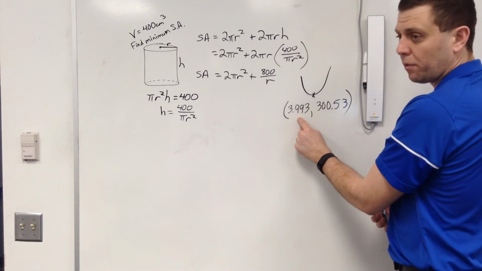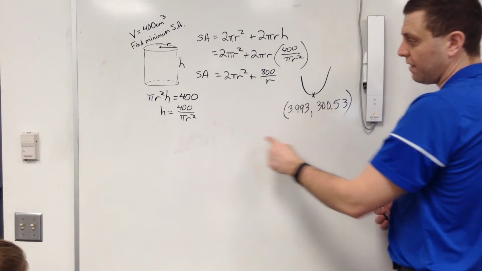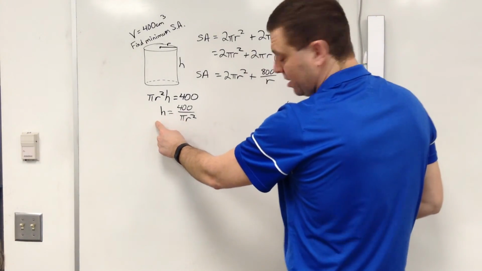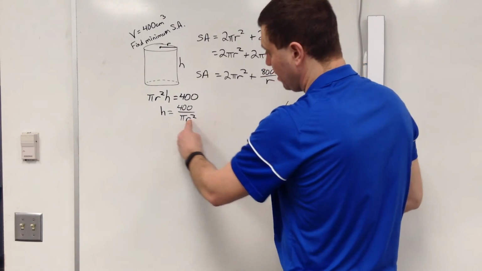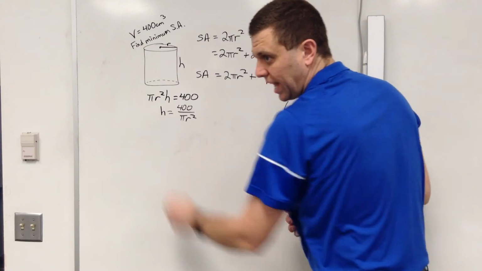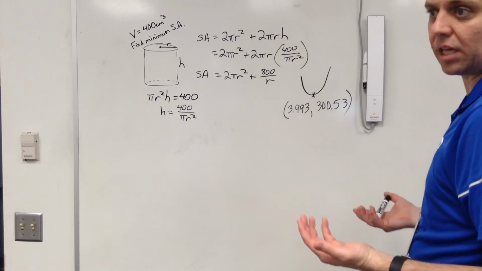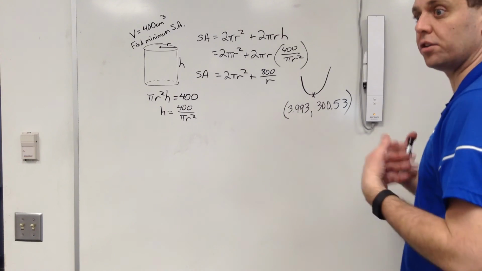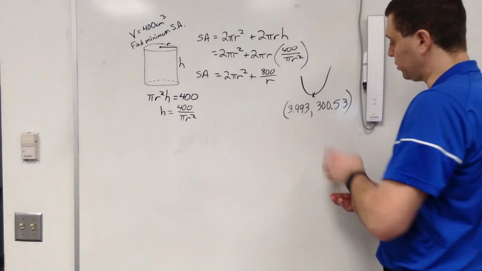So, this is my radius I need. This is the surface area I create. And if you want to know the height needed, you just take this radius, substitute it in right here, 400 divided by pi times this squared, that'll give you the height of that cylinder as well. And that's what the question is asking. It says, what are the dimensions of the cylinder that gives you the smallest surface area?